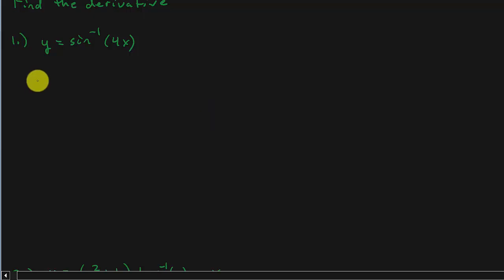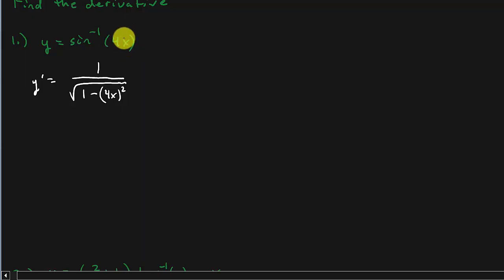So we've got y prime is equal to, so the inverse sine is 1 over the square root of 1 minus u squared. So that's minus 4x squared, times the derivative of what you're taking the inverse sine of.